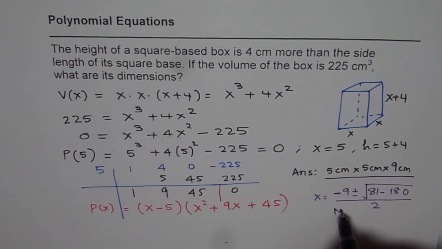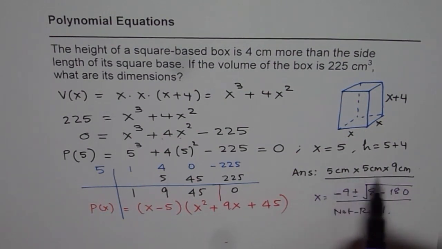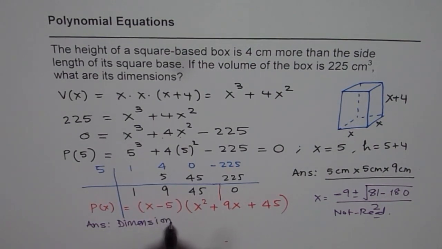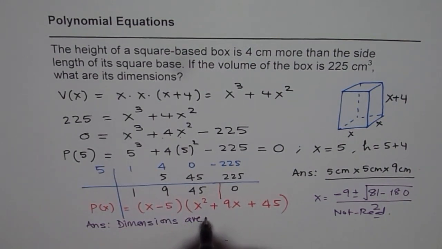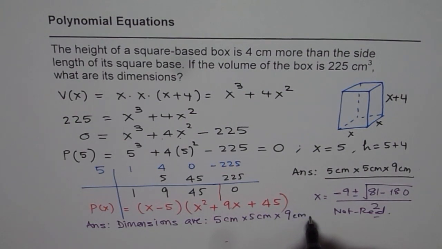That is not real. Correct? So the only combination is what we got. And now we can write down our answer for sure. That the dimensions are 5 centimeter by 5 centimeter by 9 centimeter.